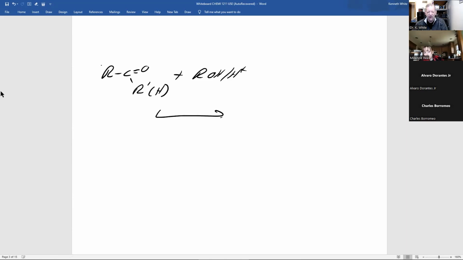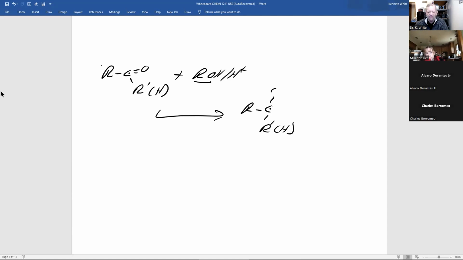A long time ago, test number 2, you take an aldehyde or ketone, react it with an alcohol, look at the carbonyl carbon, what's attached to it is still attached to it.